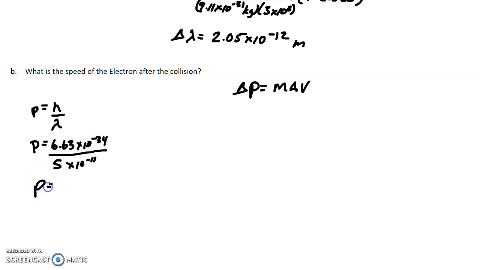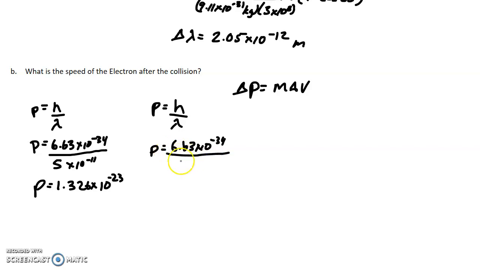This is the momentum that we have before the collision of the photon. The momentum after: afterwards, this photon had lengthened, and so it's 5.2 times 10 to the negative 11, because we're adding the change to the original wavelength.